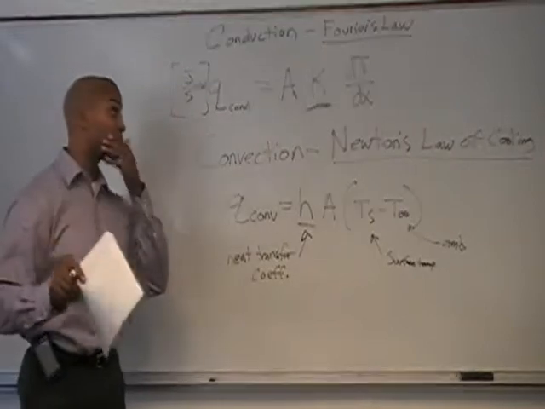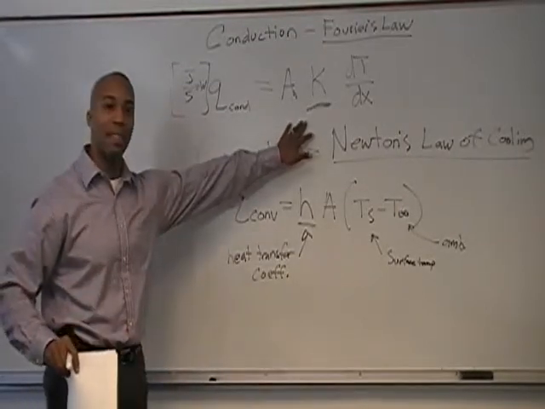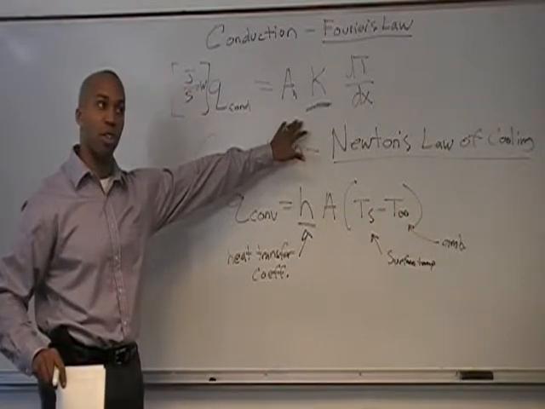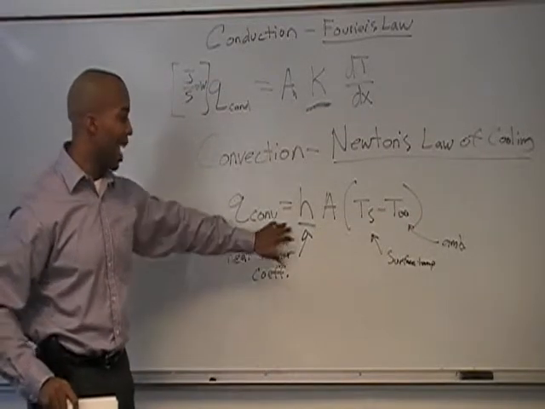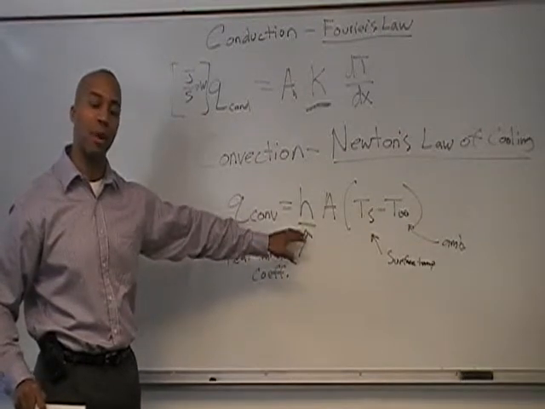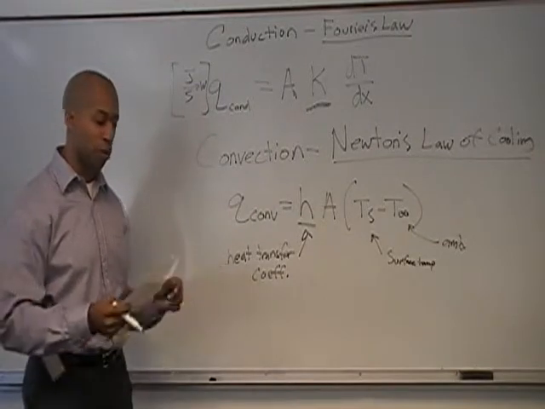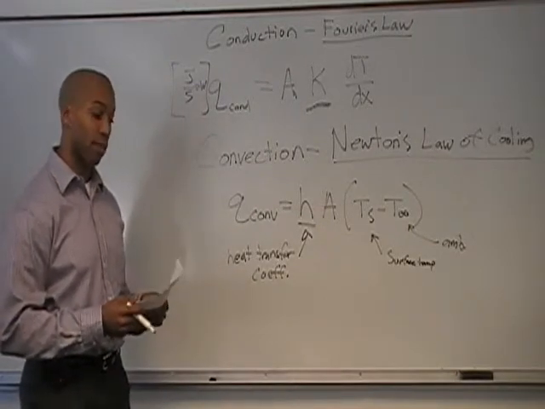So let's make sure we get the terminology correct at the beginning. Thermal conductivity is the parameter that's important for Fourier's law, the material property. h is more than a material property. It's a combination of material and system properties, and it's called the heat transfer coefficient, which is important for convective heat transfer.